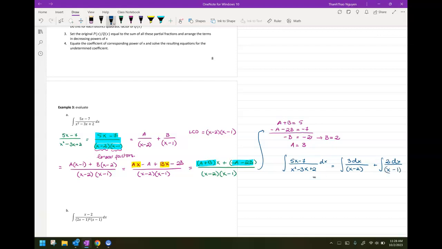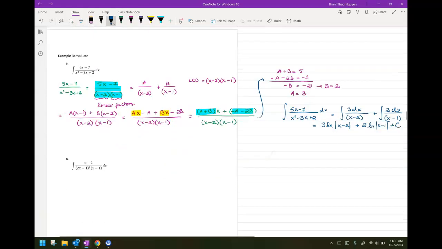So this equals 3 ln of x minus 2 plus 2 ln of x minus 1 plus the constant c.